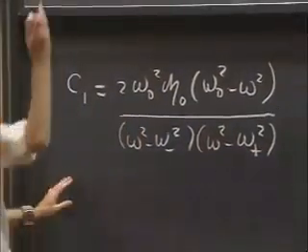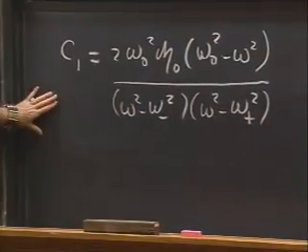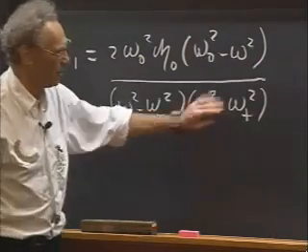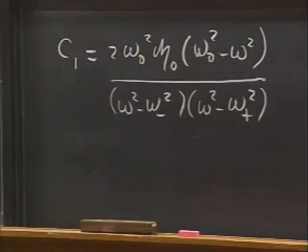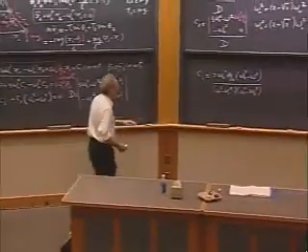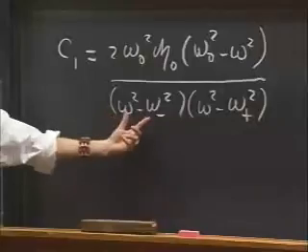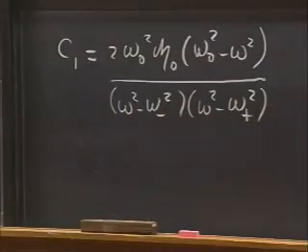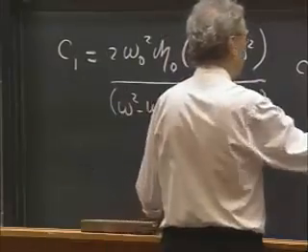That must be the same as what I have there, because this one becomes omega minus, and this goes to 0, and when this one becomes omega plus, that is also 0. So it's a different way of writing, and gives you a little bit more insight. It reminds you that the downstairs will go to 0 when you hit those resonance frequencies. And so I will also write down C2 then.